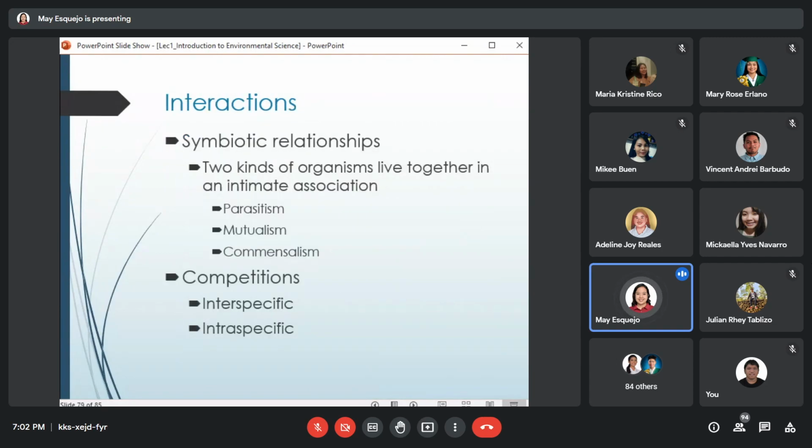Okay, so yun nga. As interactions happen dun sa ecosystem, we also have this kind of relationships. Symbiotic relationships na nangyari sa ecosystem. So, we have the parasitism, mutualism, commensalism. And we also have competitions which are inter- or intra-specific.